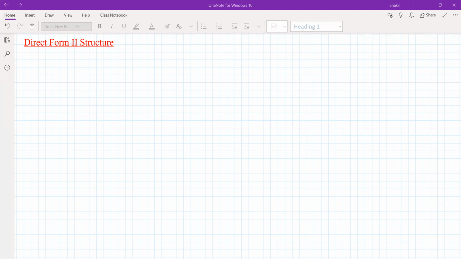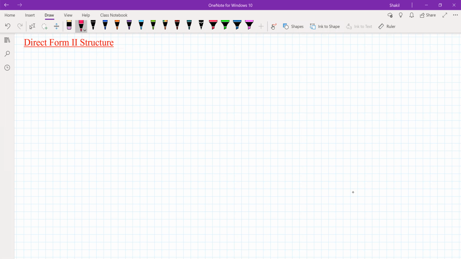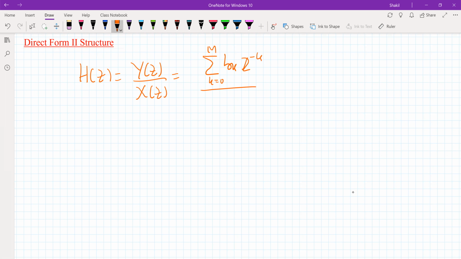So we know the transfer function of a discrete time system, H(z), which is given as output transform divided by input transform, is given by the summation k running from 0 to m of b_k z raised to the power minus k, divided by 1 plus the summation k running from 1 to n of a_k z raised to the power minus k. Alright, so this is the general transfer function of an nth order system.